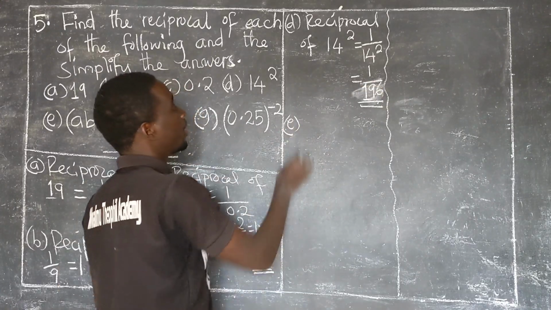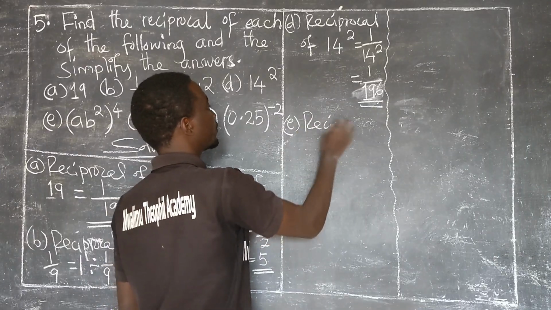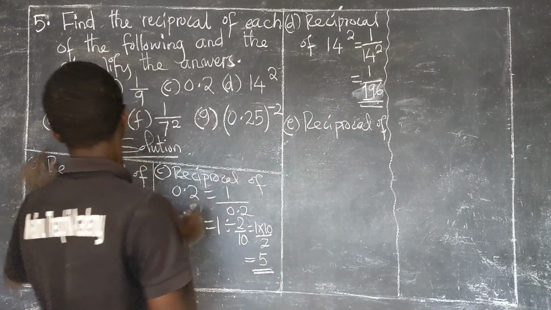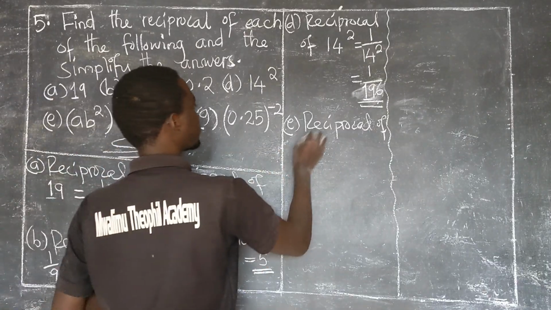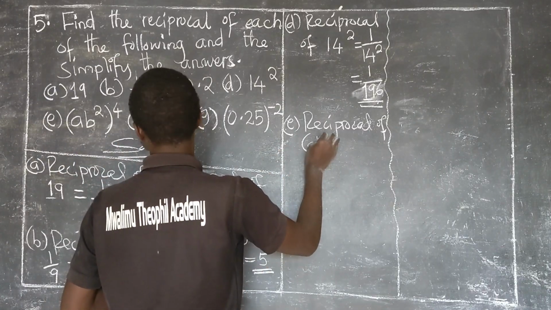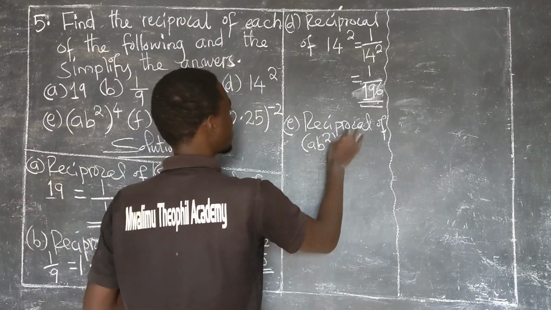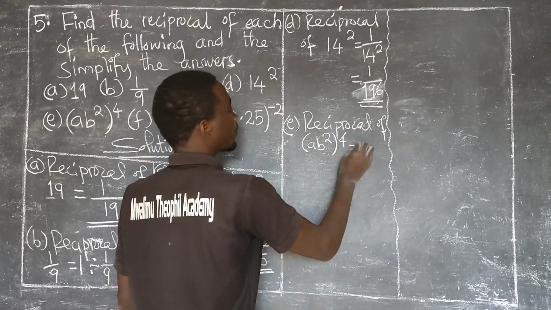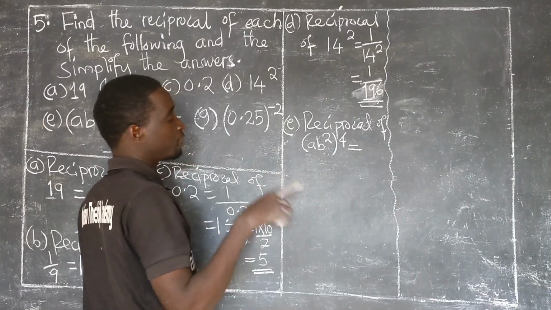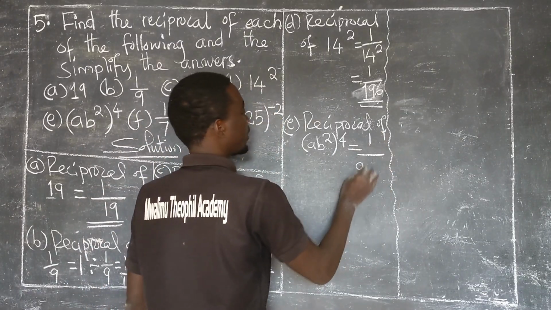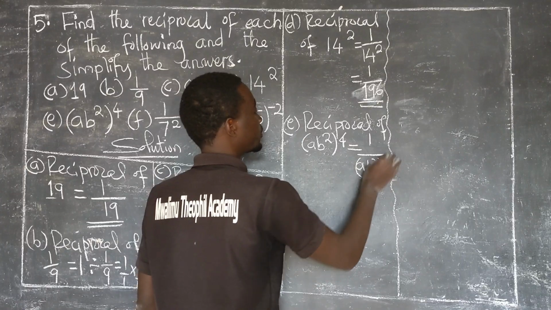E. Reciprocal of AB squared, bracket raised to 4. The same, reciprocal is 1 divided by a given value. Now it will be 1 divided by AB squared raised to 4.